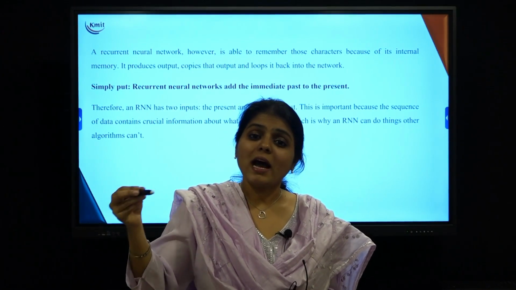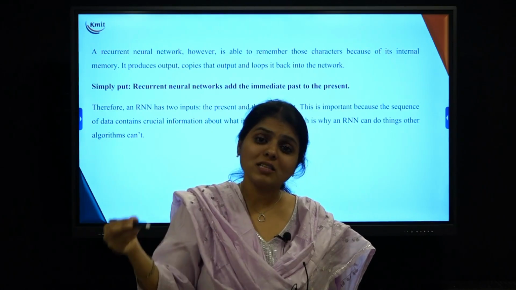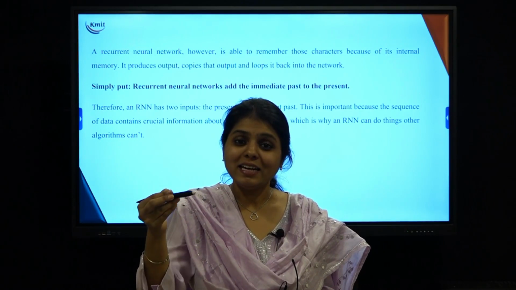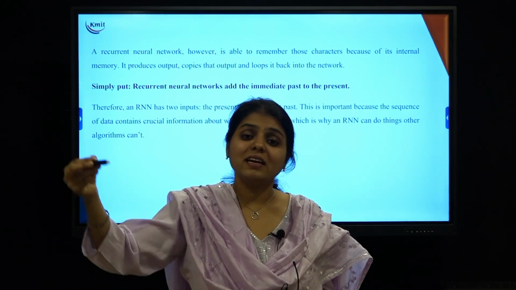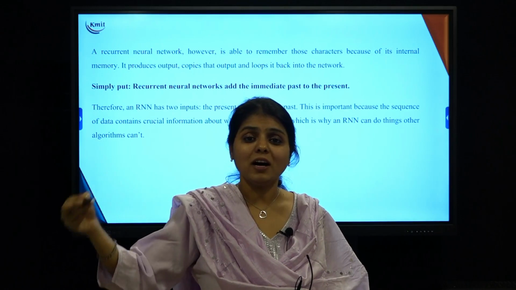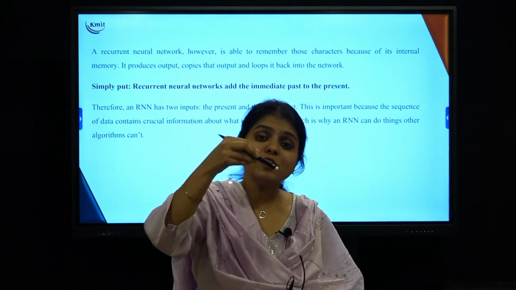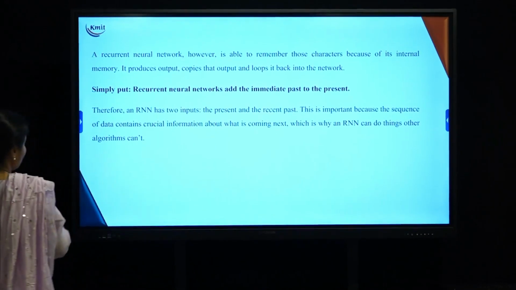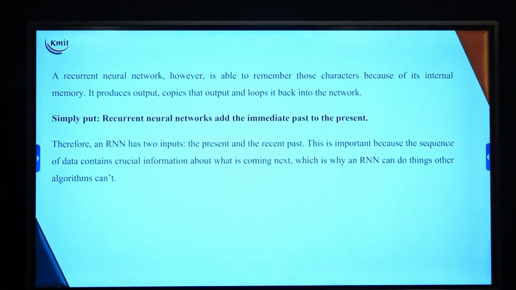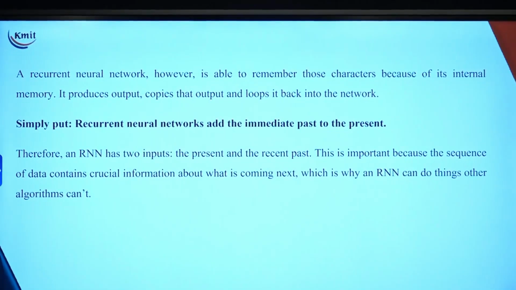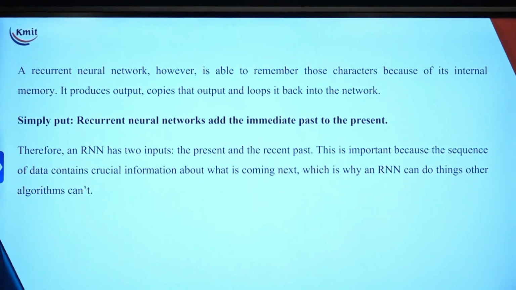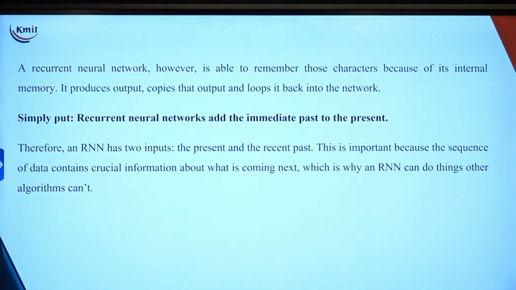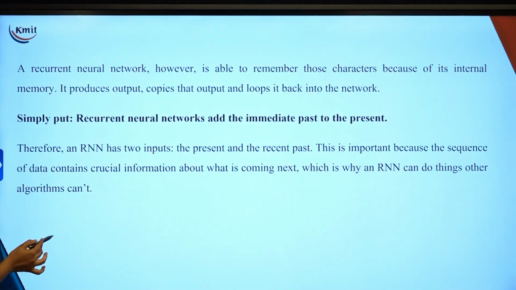I have to add the previous words I am to this Asha to complete the sentence. First I take I, then I read am with I, and then I read Asha with I am. I am able to read the previous words because I have a feedback loop for each and every neuron. Therefore, we say RNN has basically two inputs, the present and the recent past. This is how sequential data is processed using RNNs.